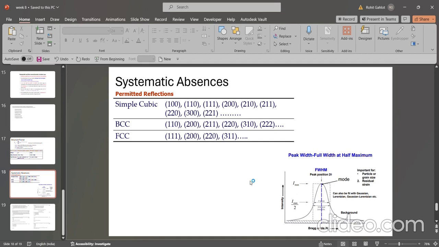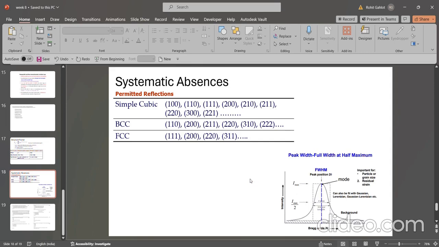Another thing is the temperature factor. As the temperature increases, the vibration of the atoms increases, and then the interplanar distance and scale will vary. So this will also have a significant effect on the intensity.